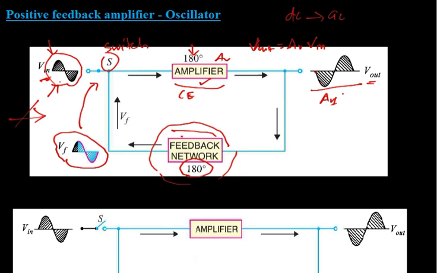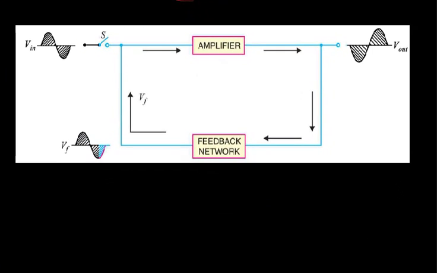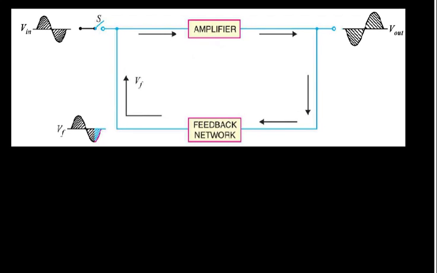Now if we remove this input signal by opening the switch S, consider this diagram. The switch is opened. That means the input V in is removed from the circuit. The rest of the circuit is this one.